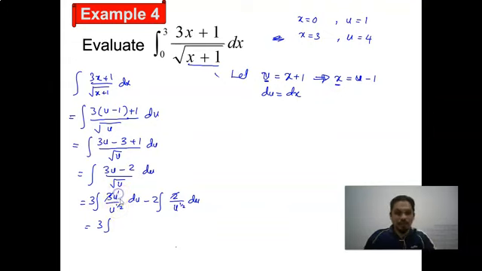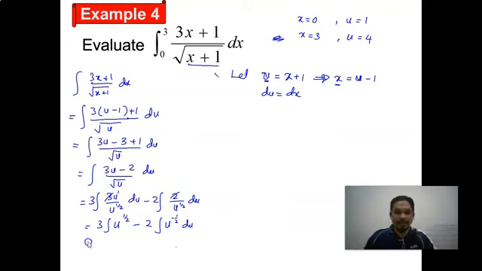Divide means 1 minus half, it becomes u to the power of half. Minus 2, bring the denominator u to the power of half up here, it becomes u to the power of negative 1 over 2 du.